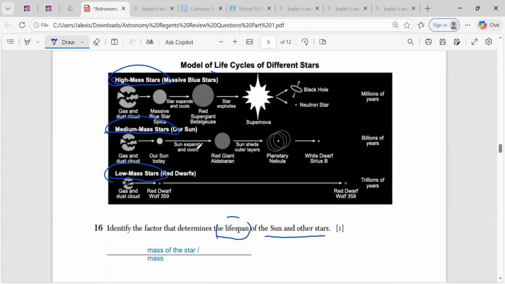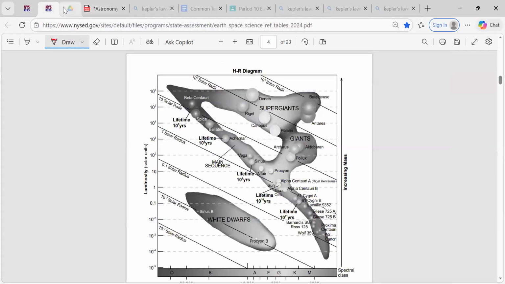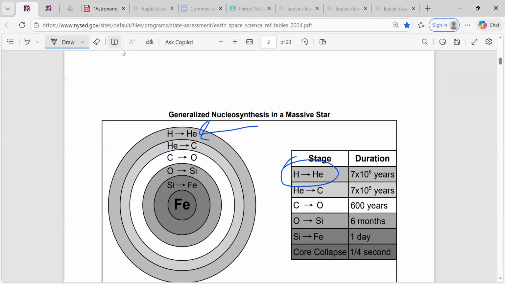It says the Sun expands and cools and turns into a red giant. So at this point the star has run out of hydrogen to fuse helium. It will now begin to fuse helium. So when I look, my next stage is helium to carbon. Helium to carbon.